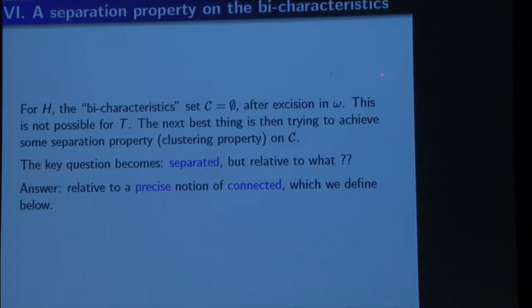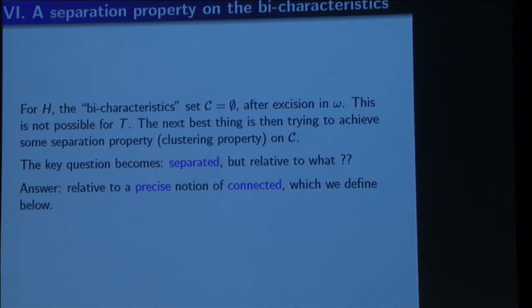The diagonal is never 0. This is not possible for T, because there are solutions to linear equations that you perturb from. It's not empty. The next best thing is then trying to achieve some separation property, or in other words, some clustering property on C.